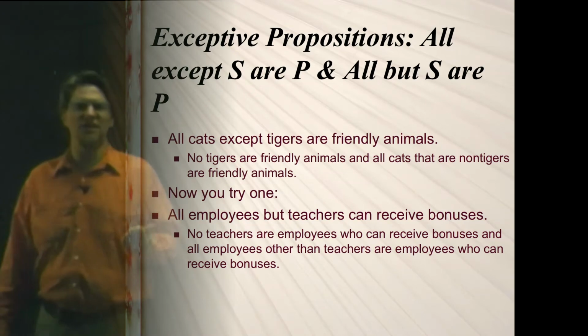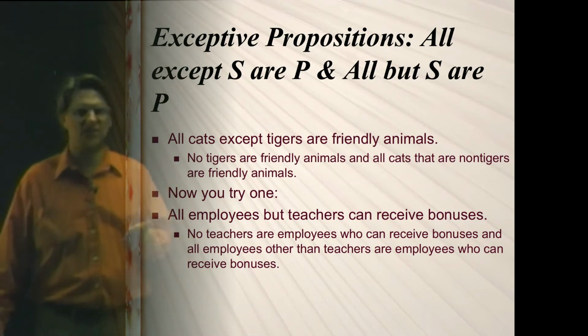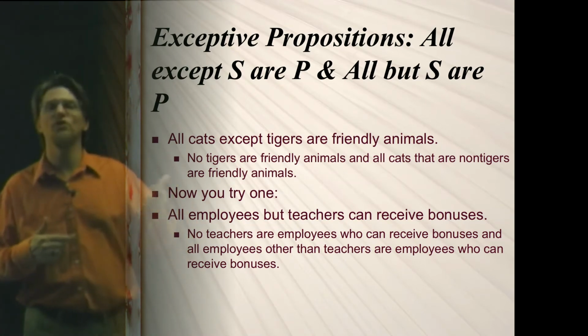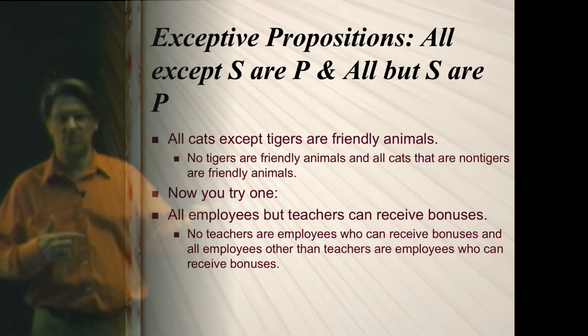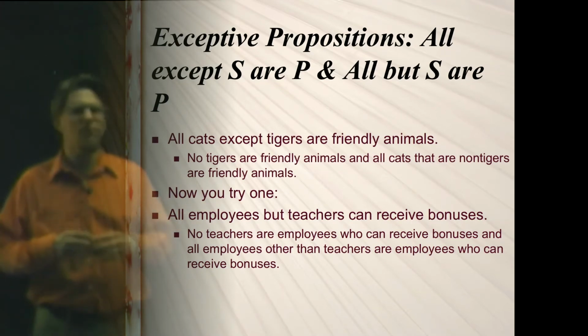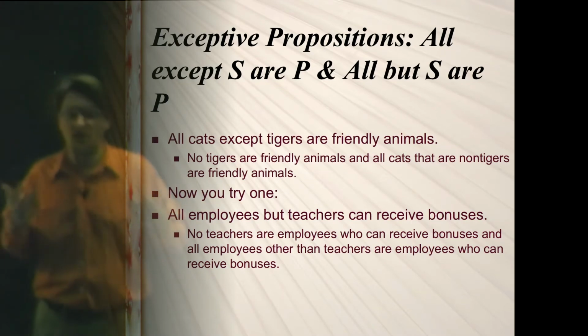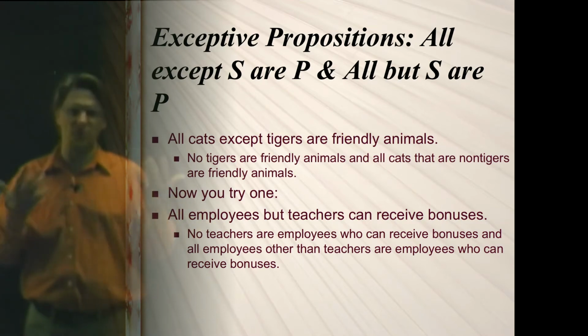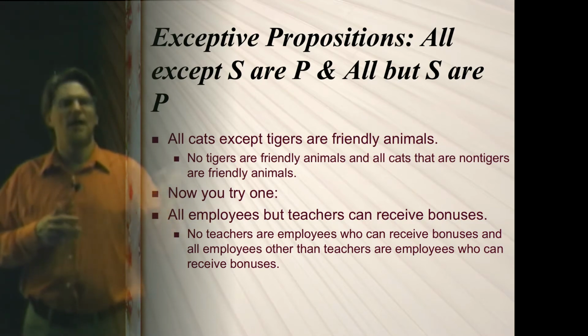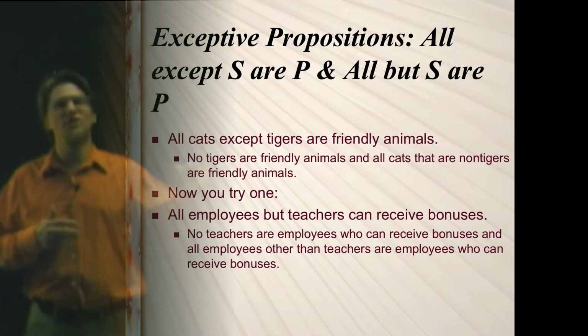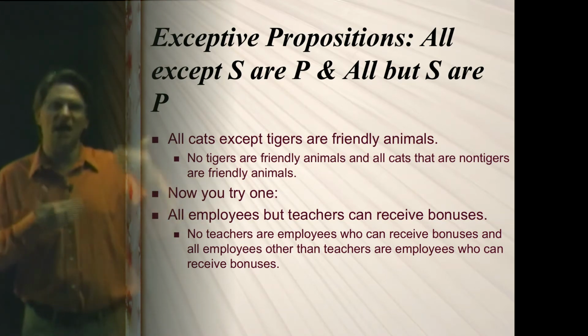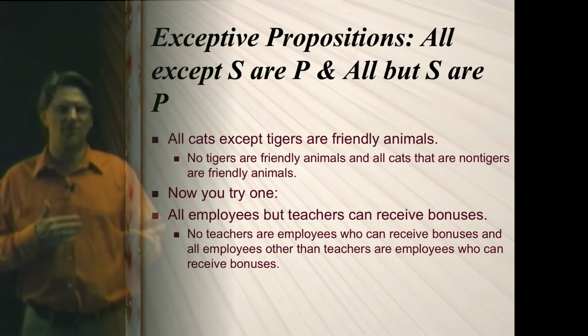So what this is really saying is, we can begin with the no sentence. No teachers are employees who can receive bonuses, or no teachers are employees who are able to receive bonuses, for example, would be a slight variation there. And then the second sentence would be the A-type statement. All employees other than teachers, or all non-teacher employees, would be another option there.